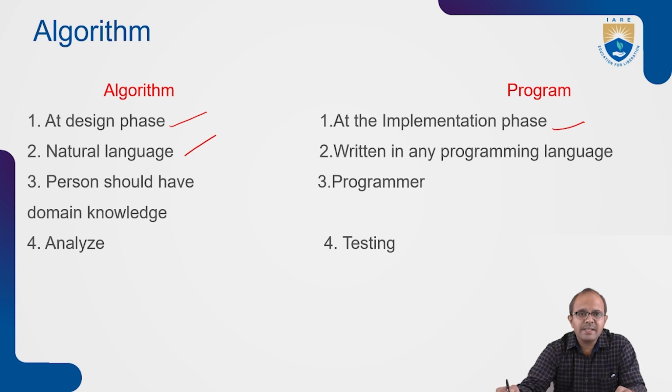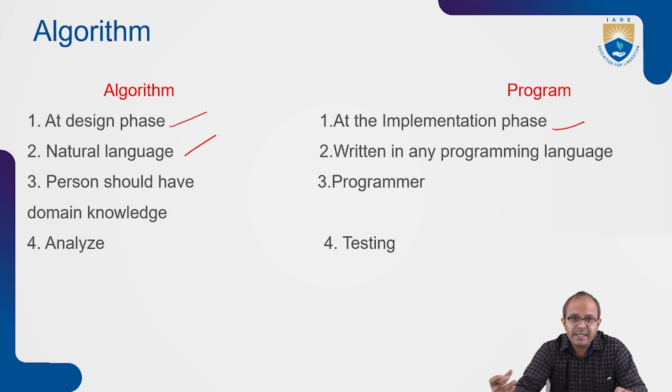Now, the idea is we are trying to compare the algorithm with the program. Algorithm is actually at the design phase or initial approach. It's an initial idea towards solving a specific problem. And it is generally written in natural language, spoken language or written language. It does not require any critical programming language stuff, such as syntax.